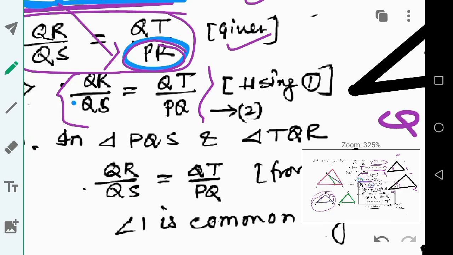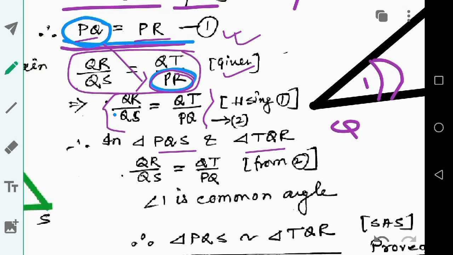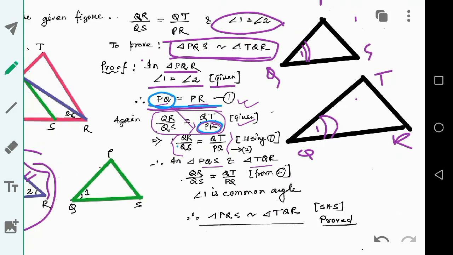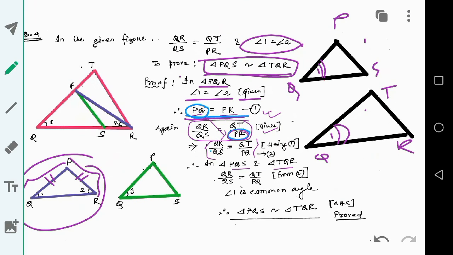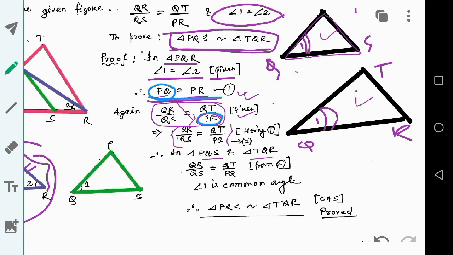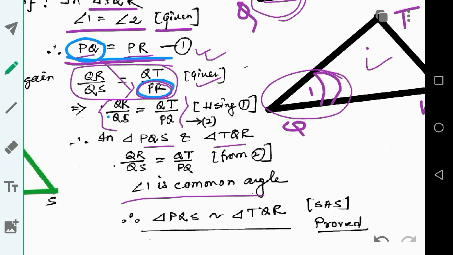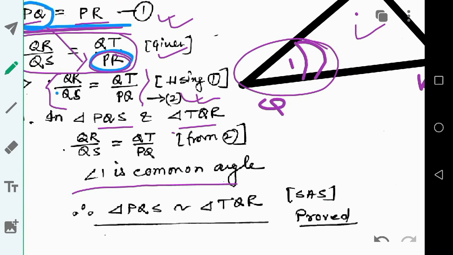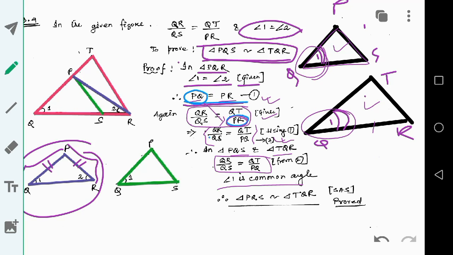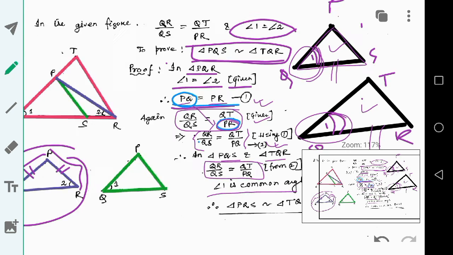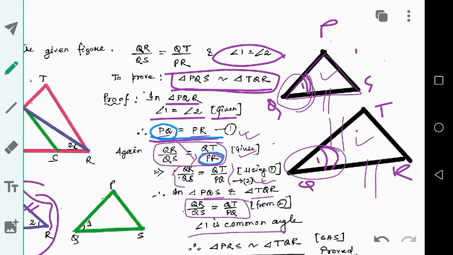Now in these two triangles PQS and QTR, here we have angle 1 as a common angle, and from equation number 2 we have got QR by QS is equal to QT by PQ.